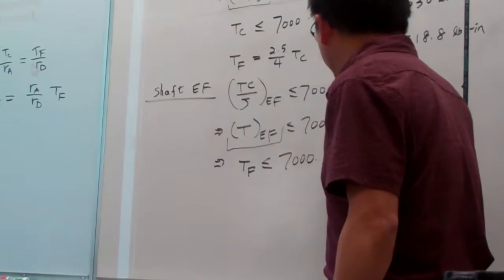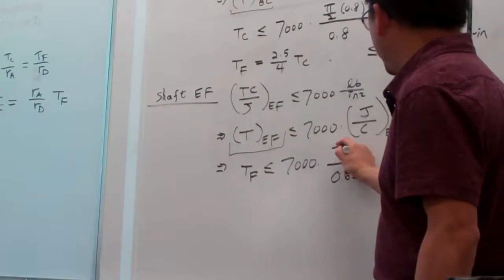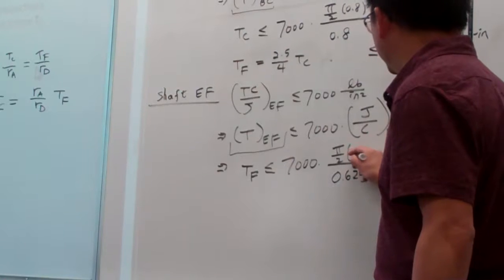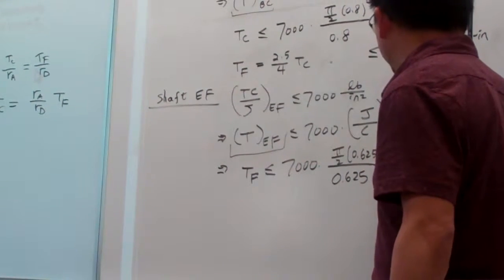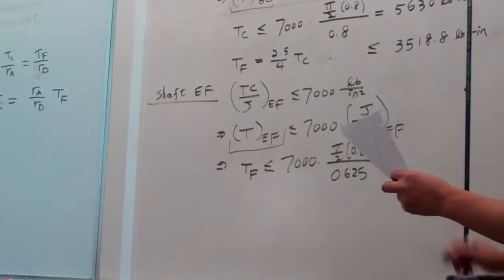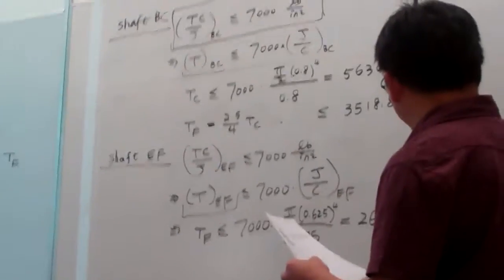We use this information here. The radius is 0.625 and J is pi over 2 times 0.625 to the fourth. And this one is 2684 pounds per inch.